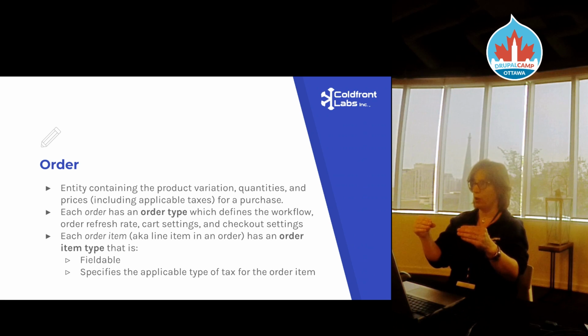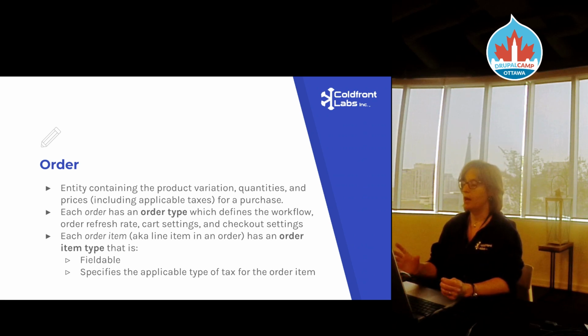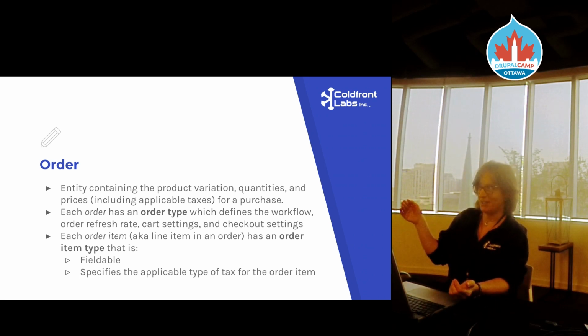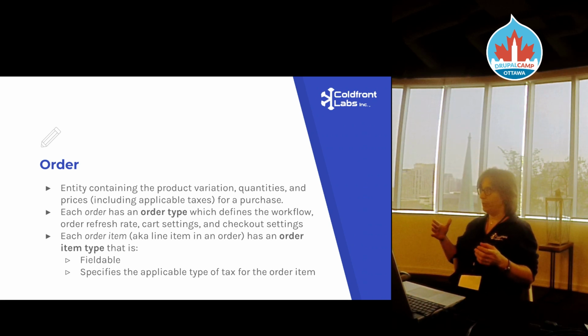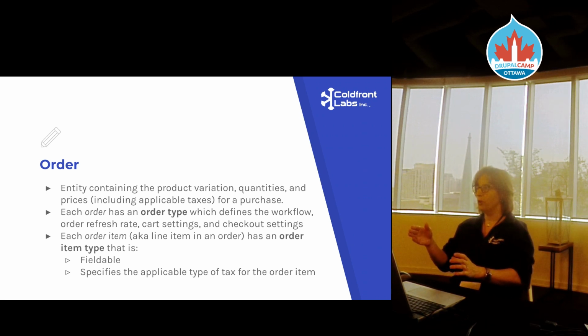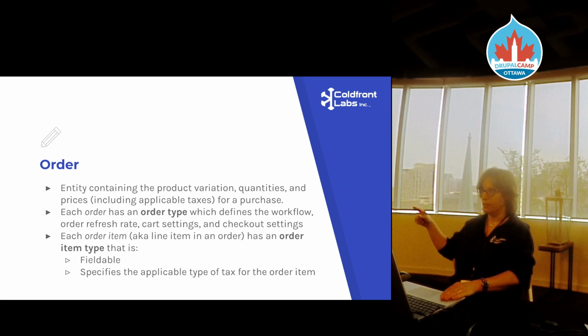That creates an order. And similarly to products having product types, orders have order types. So as a person building my commerce site, I configure the fields I want associated with orders, and then when an order is created of that type, it populates those fields as appropriate.